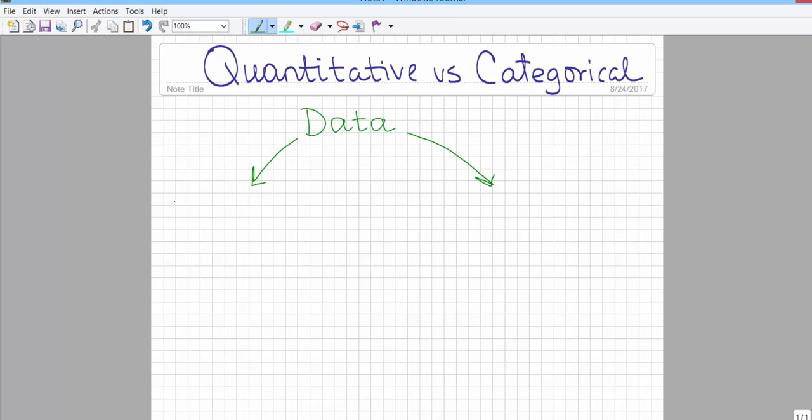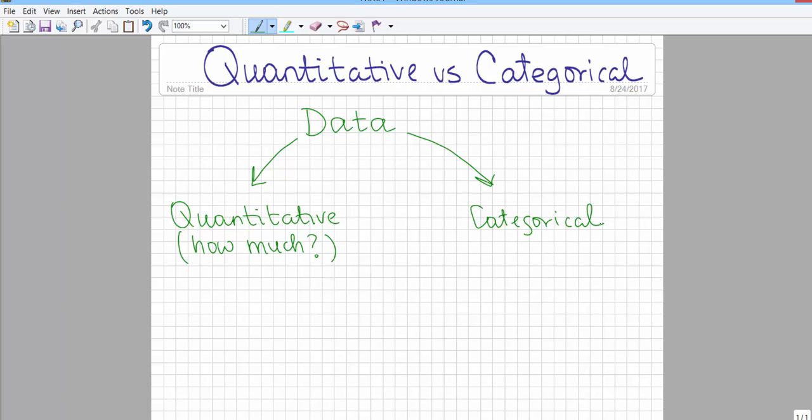It is either quantitative. Think about this as quantity, how much. This is how I really think about this type of data, how much, right? And we can also have qualitative or categorical data. Categorical, quality.